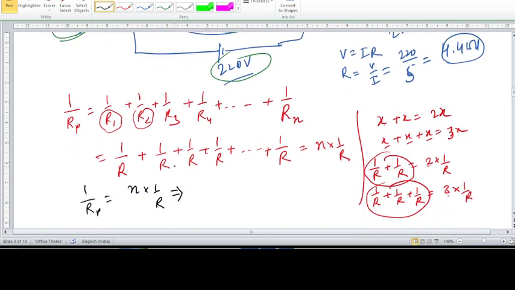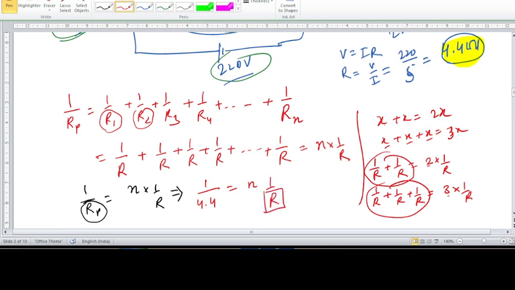Using this, I had calculated this Rp. Remember, the resistance of this combination was 4.4. So in place of Rp I'll write 4.4. This is n and 1 by R. Now I have to calculate this 1 by R.